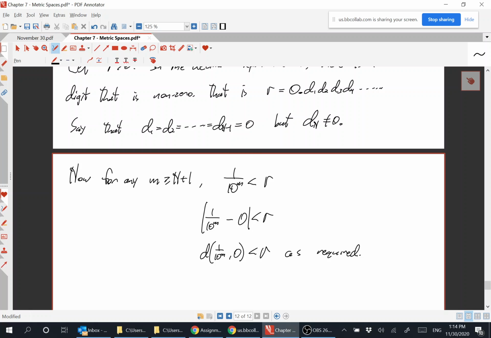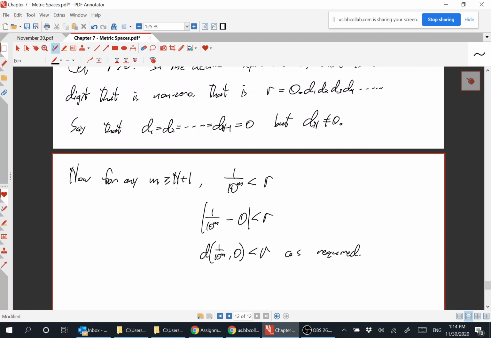Because 1 over 10 to the m is 0.00000001, where that first 1 is in the n plus first digit.